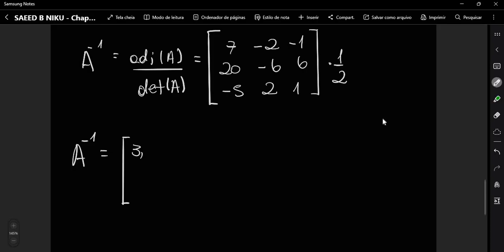So it is 7 divided by 2, which is equal to 3.5. 12 divided by 2, which is equal to 10. 5 divided by 2, which is equal to 2.5, and so on and so forth.